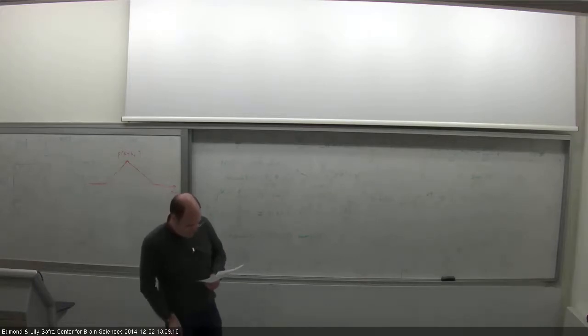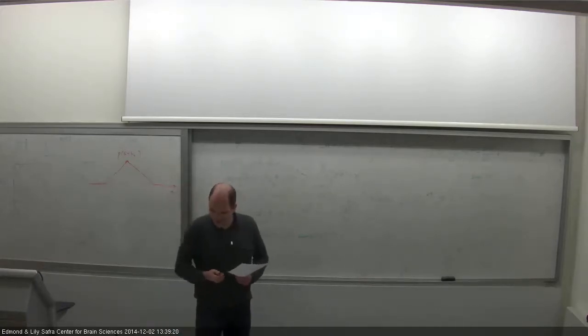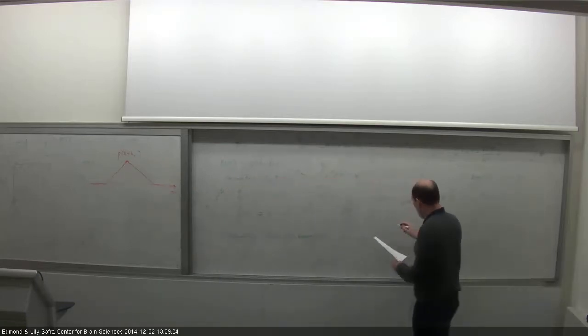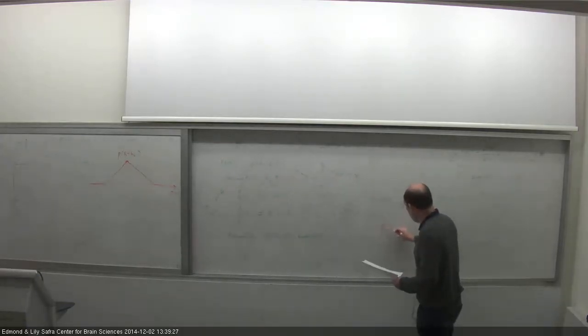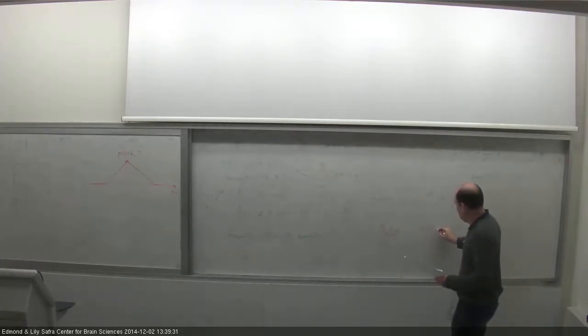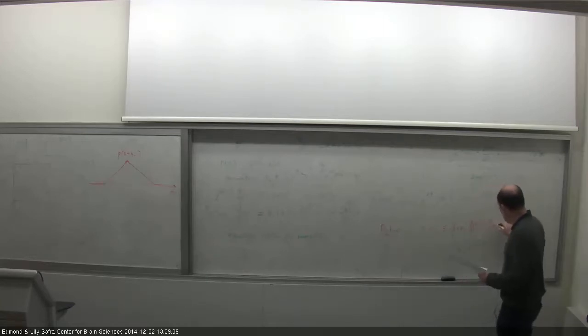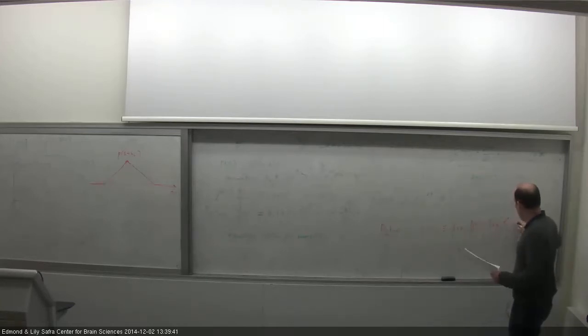So now I'm going to define another function, so it's another definition. I will define another function, g of t, which will be defined as the log of f of t, or in other words, the log of the average of e to the xt.